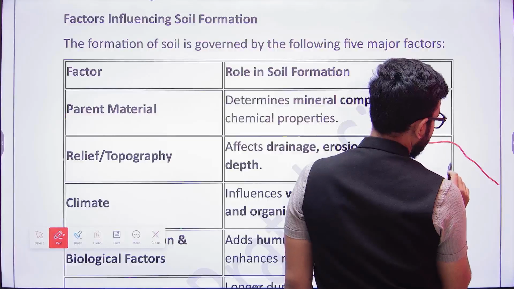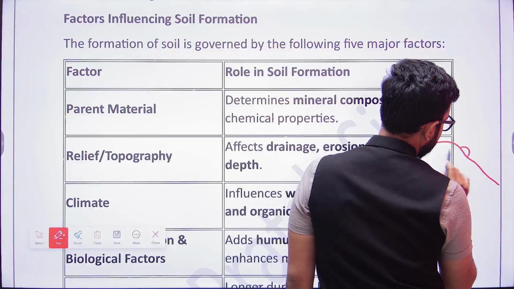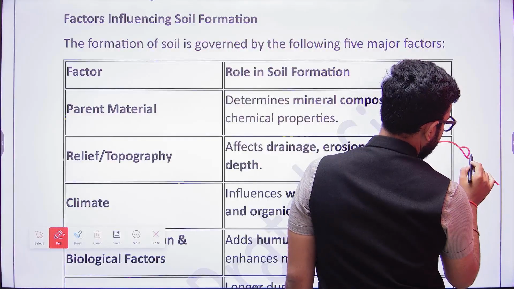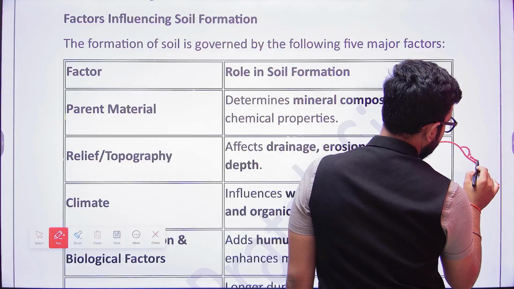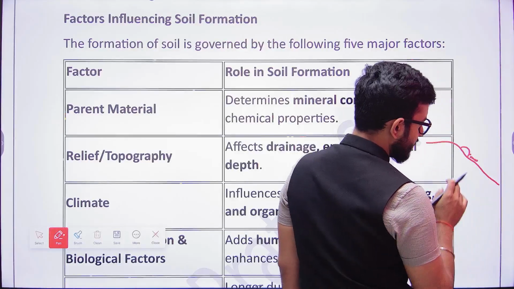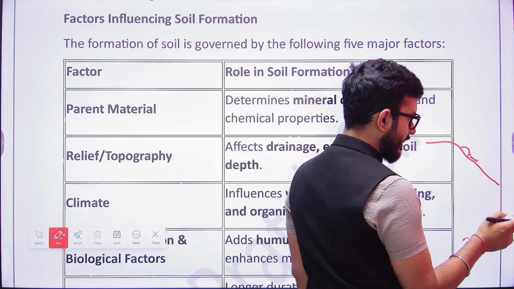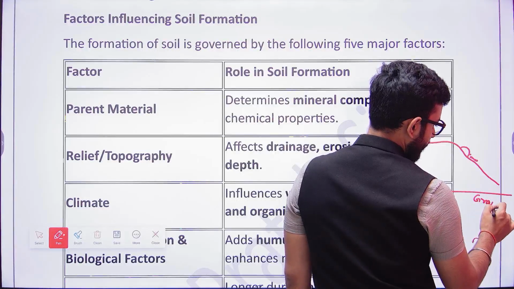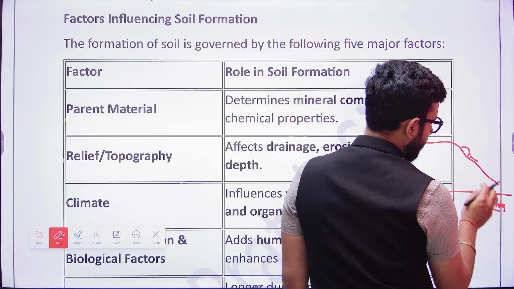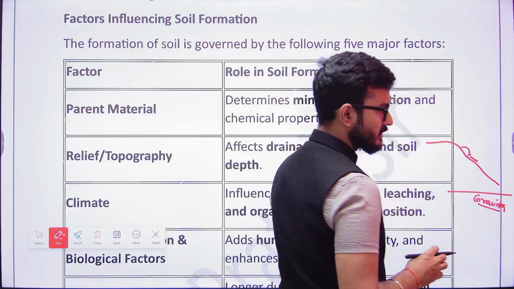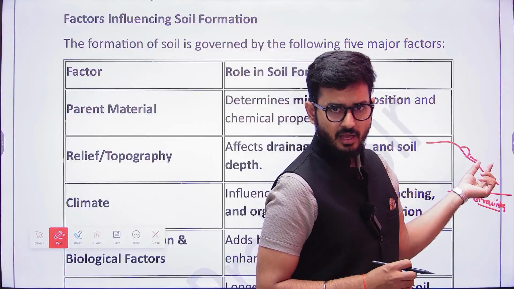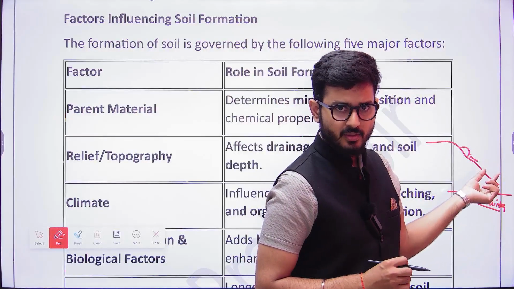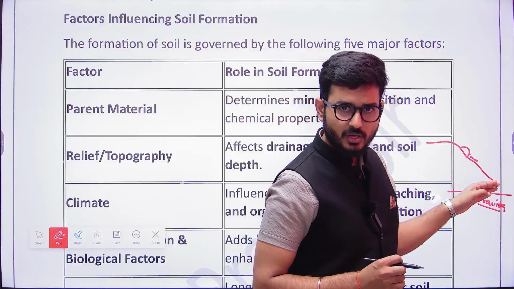Okay, so this is a slope. Let's say that here there is the rock. Here the rock will be weathered, and the small particles are going to be here. But with time, because near the surface there is gravitation, the disintegrated deposits that are put here and take the form of soil are going to be pushed down.